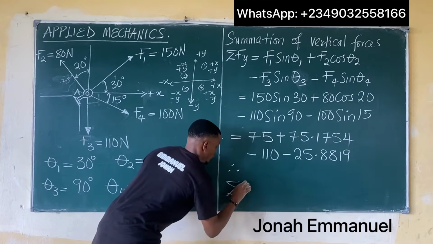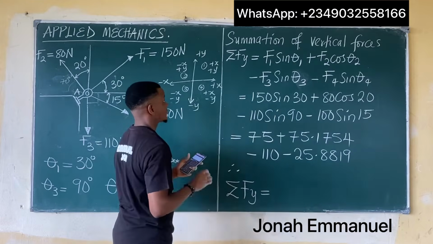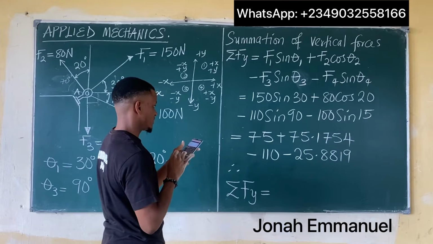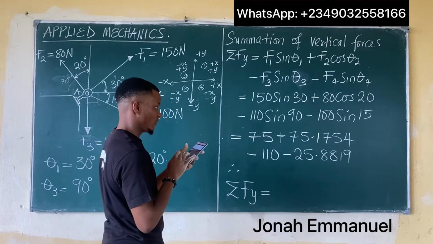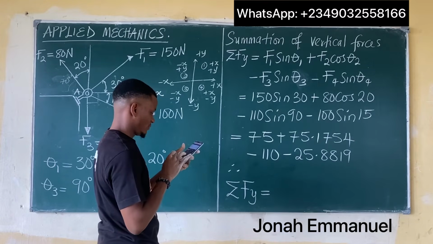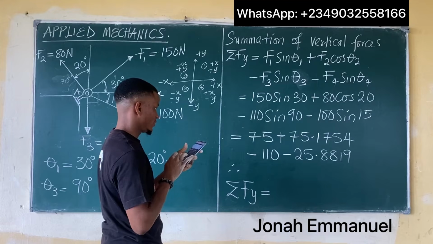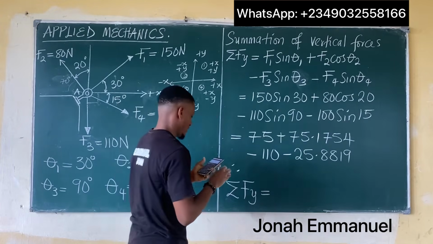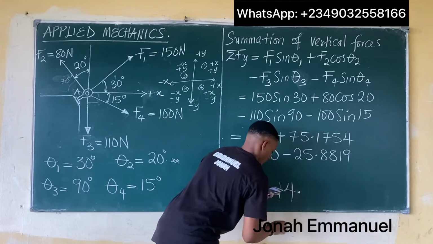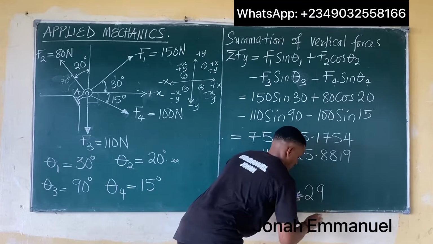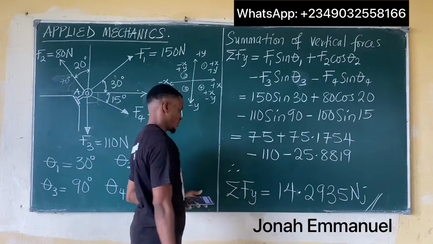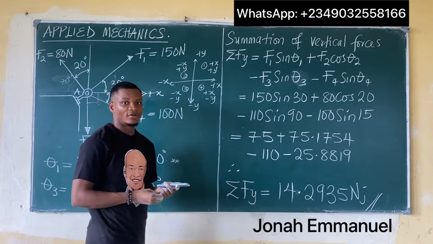Alright, so therefore the sum of all vertical forces is equal to 75 plus 75.1754 minus 110 minus 25.8819. That's about 14.2935 Newton J. So this becomes the sum of all vertical forces.